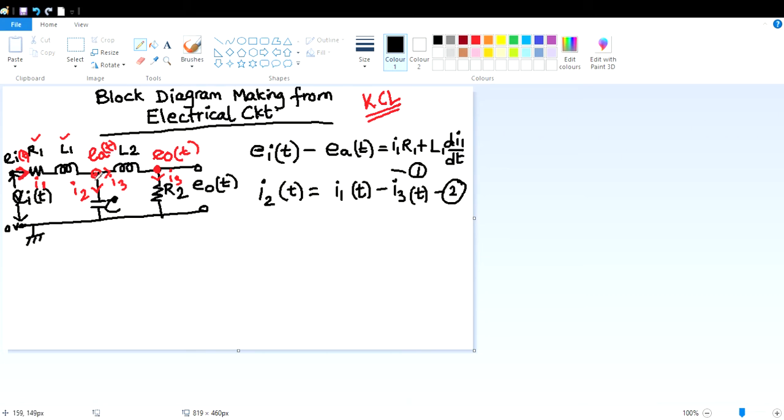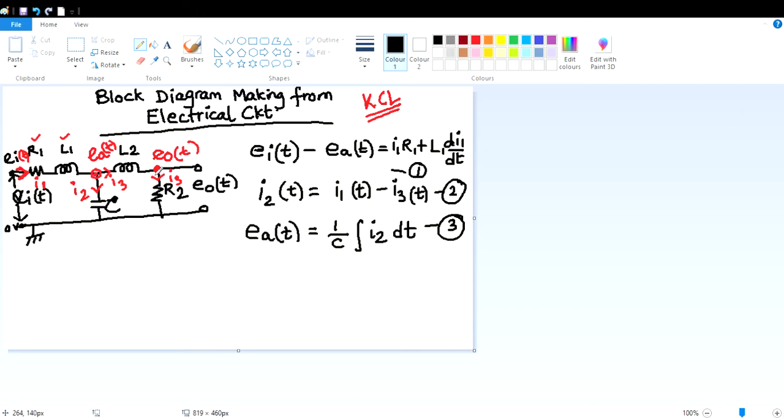Now at this point EA, what is EA? The third equation, EA(t), is nothing but this voltage drop. So it will be 1 upon C integration of I2 dt. So this will be my third equation. Now what will be the fourth one? Consider this branch.